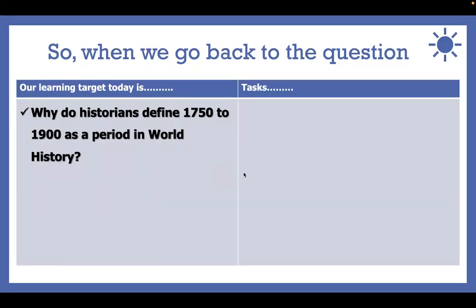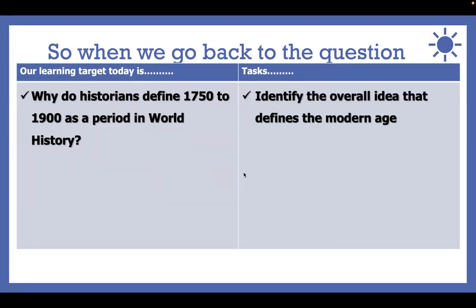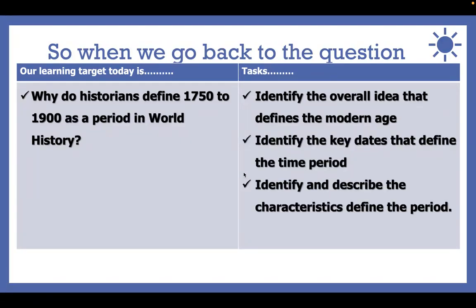So when we go back to this question, what we're really doing through explaining is identifying the overall idea that defines the age, the key dates, and we're identifying and describing the characteristics that define the period. So, what this lesson is about, and how to answer this question, is to look at the time period 1750 to 1900 and basically say, okay, this is a time period because of these overall ideas.